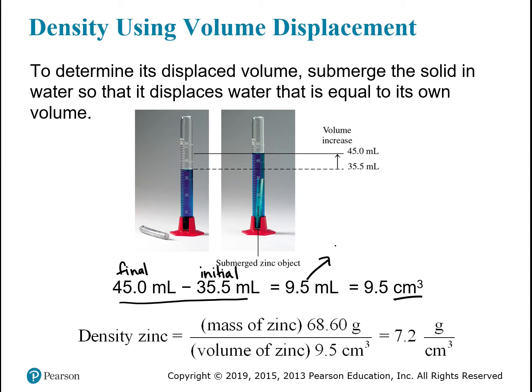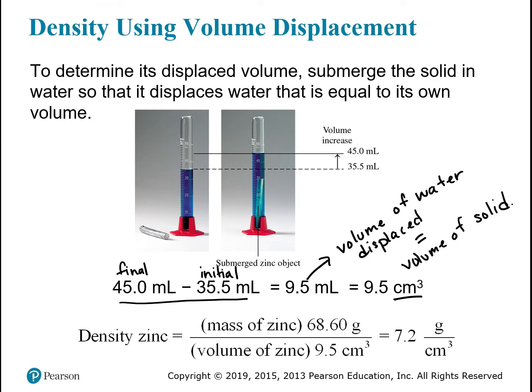That 9.5 milliliters is the volume of water displaced, which is equal to the volume of your solid. Once you have that volume and you have your mass, then you can use the equation for density, which is just mass divided by volume.